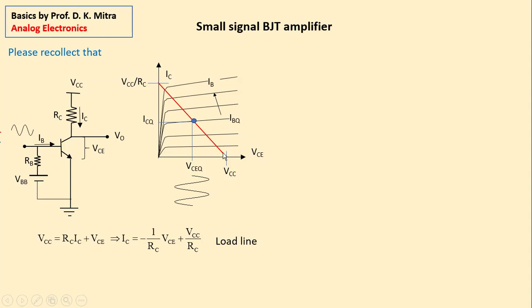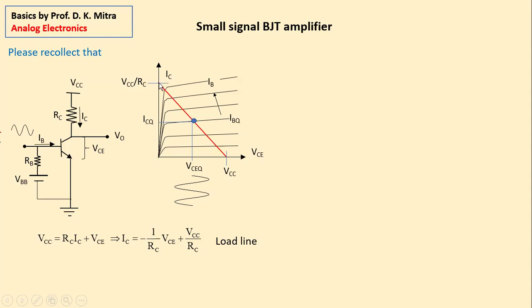This is a straight line. And we said that in various operating conditions, IC and VCE may have different values, but that coordinate must always lie on this straight line. The slope of this line is minus 1 upon RC.